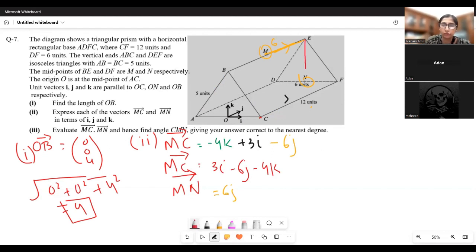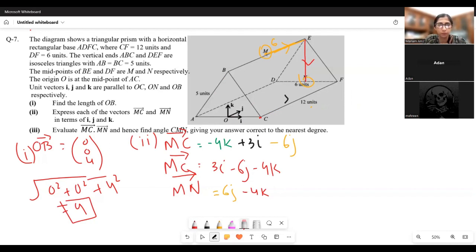So that's going to be 4 units down, which is minus 4K. So we didn't need to move in the I direction at all. We didn't have to go right or left, in the minus I direction. So MN is yes 6J minus 4K. Okay.